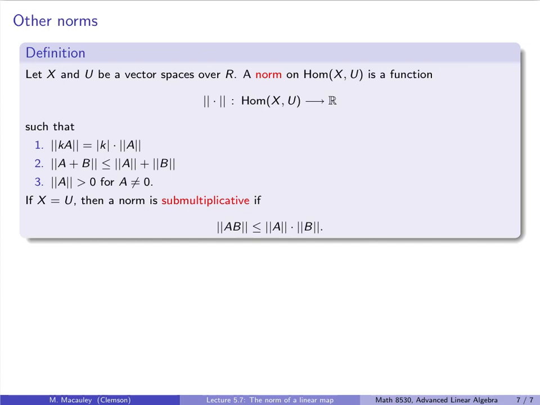There's a lot more possibilities when you have infinite sequences in your spaces rather than just finite n-tuples. This is more of a topic in a linear analysis or functional analysis course, so I won't say any more about this other than giving the definition and saying, if you're interested, please go explore.